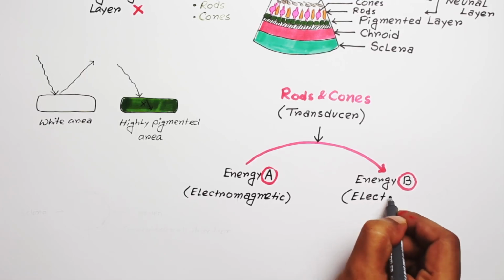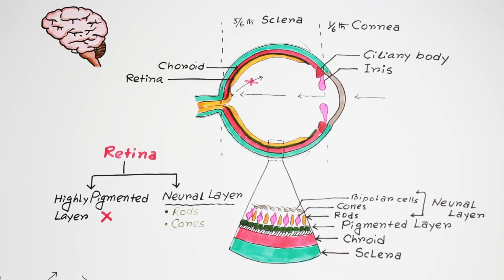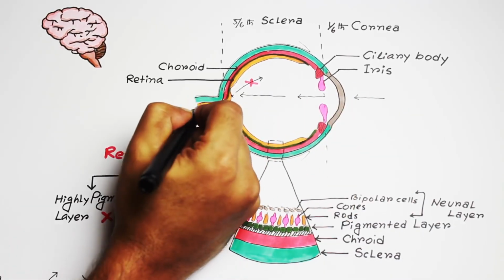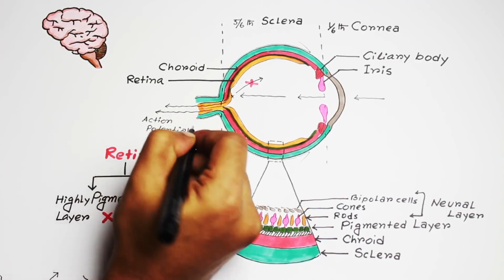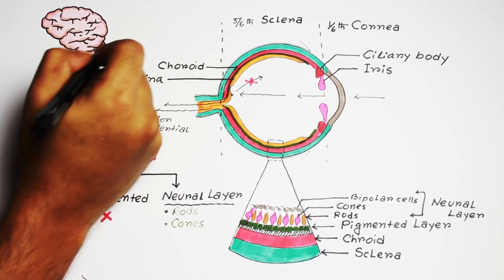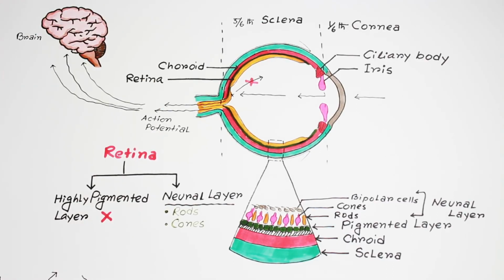When light falls on them, the rods and cones get activated and produce an action potential. This action potential is electrochemical energy. So rods and cones basically convert electromagnetic energy into electrochemical energy. This action potential is then transferred to the central nervous system for processing so that we can see an object.